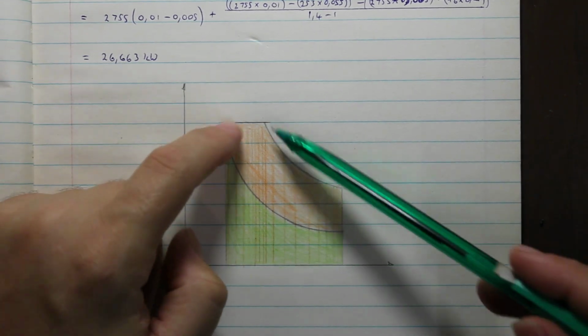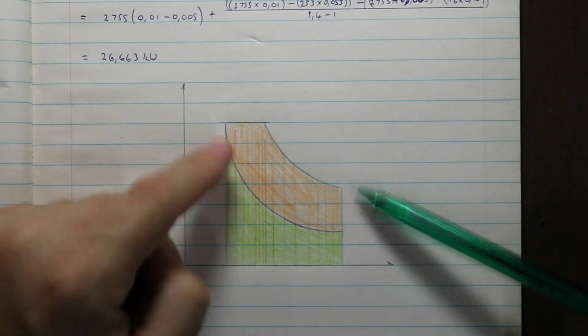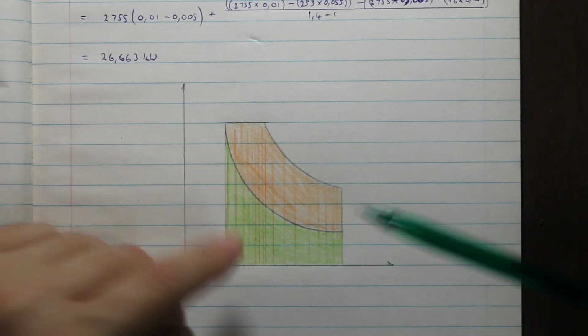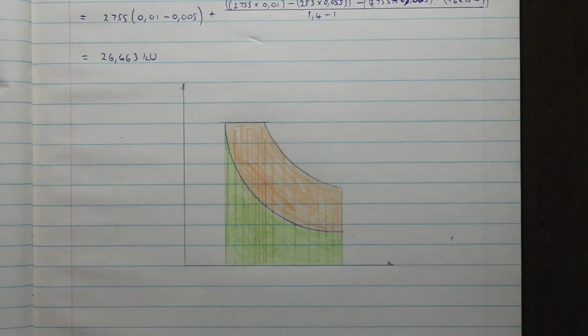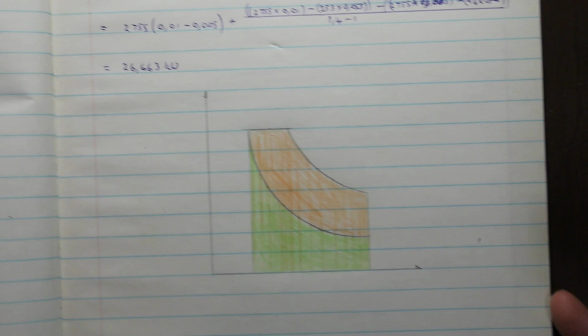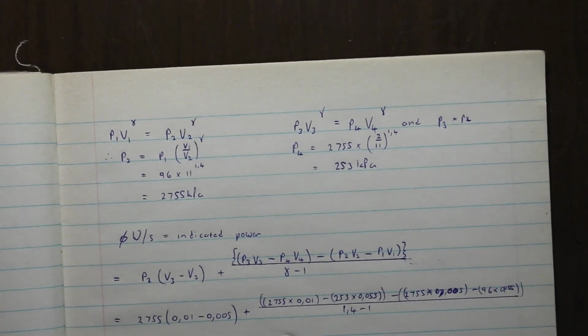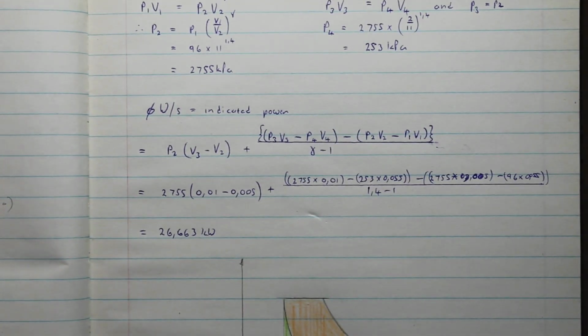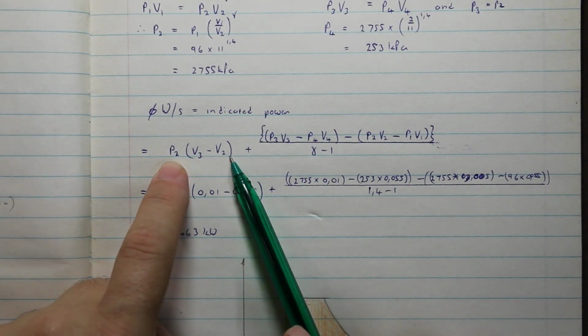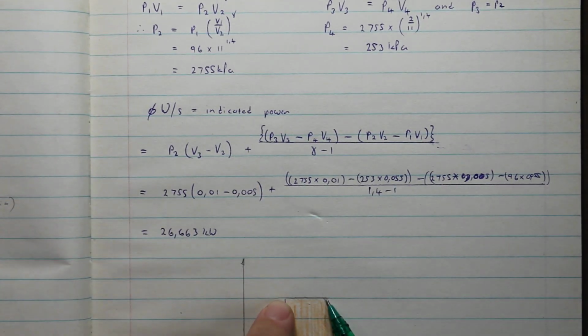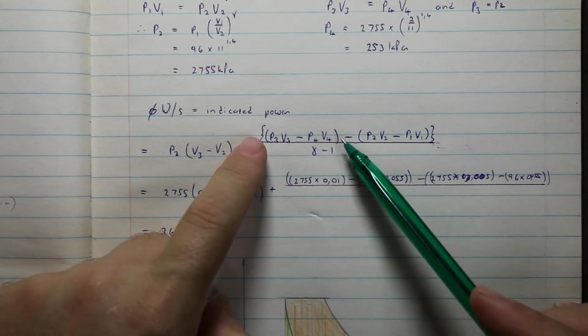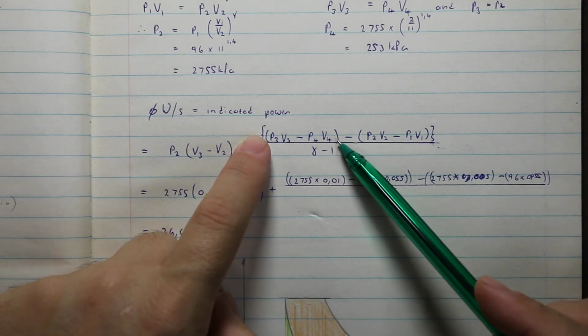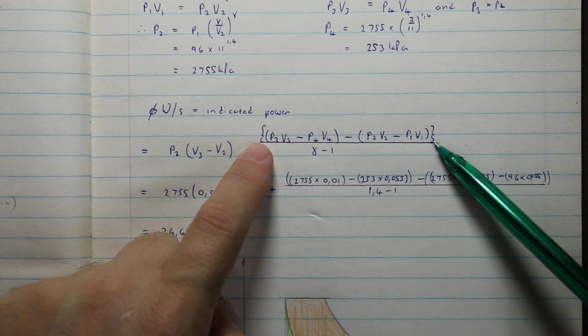So you have to work out this whole work out minus this work in, and you'll have the indicated work done, right? So that's the engine inside the cylinder, the power inside that cylinder. And you can see here, there's the formula. So this part here is for the constant pressure process, the isobaric, and over here is a combination for the two adiabatic processes.